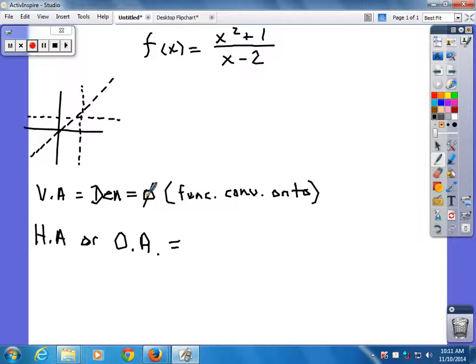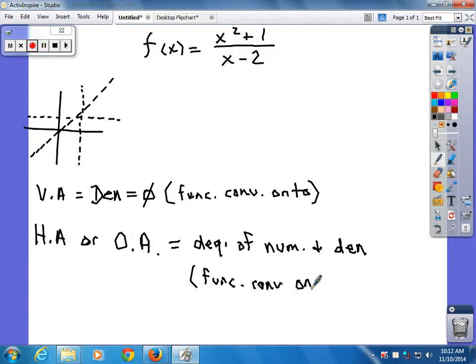But to get the horizontal asymptote or the oblique asymptote, you have to look at the degree of numerator and denominator. And whatever this says determines where the function converges onto the asymptote.